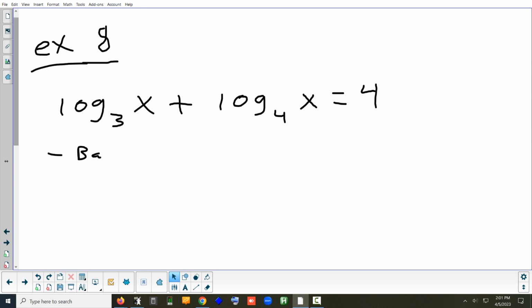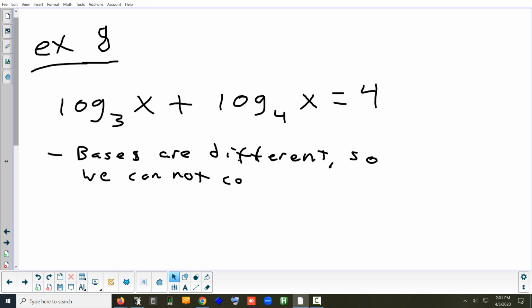So the bases are different. So we cannot combine the logs. Doesn't mean you can't do it. You can definitely still do it.